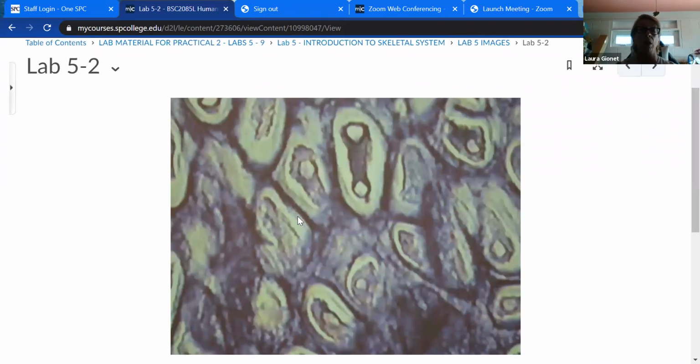This is elastic cartilage, and it's magnified a little bit more so you can get a better idea of what these chondrocytes look like sitting in their lacunae. And look at all those dark purple fibers. This is what I call the Scooby-Doo eye appearance. Those are elastic fibers, or elastin fibers, that take up stain. So it has a very dark purple contrast to those chondrocytes sitting in the lacunae.